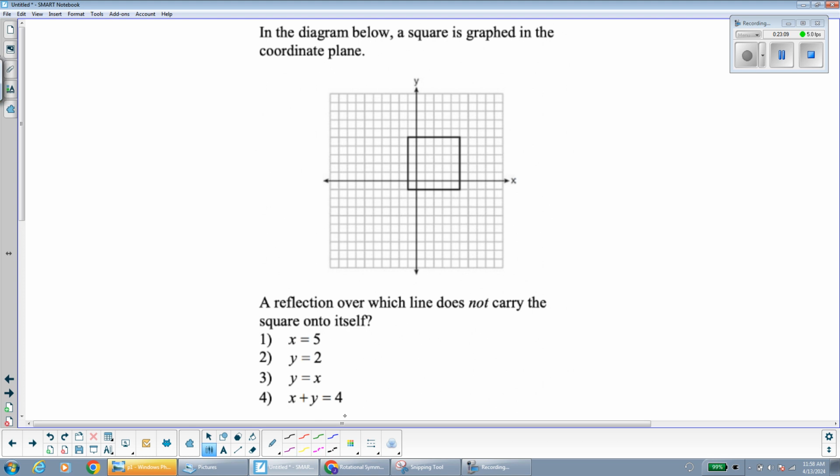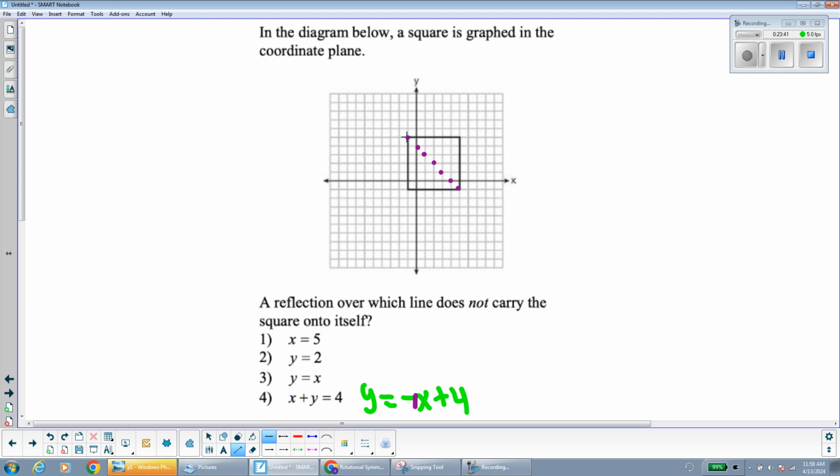If I subtract x from both sides to put this into y equals mx plus b form, the equation of the line in number 4 is y equals negative x plus 4. So that means it has a y-intercept of 4, 1, 2, 3, 4, and it has a slope of negative 1. So let me go down 1 over 1 to get another point, and I'll keep doing that so I can get a bunch of points on this line.